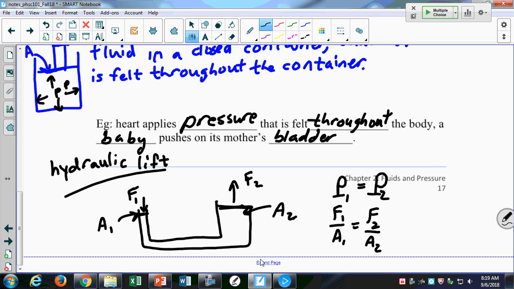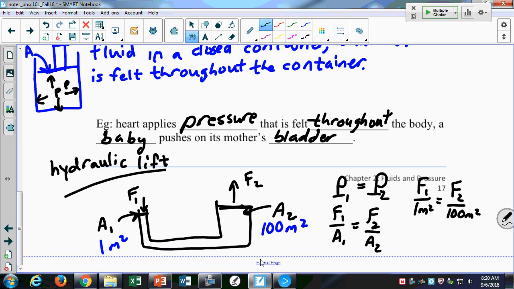Let's say that A1 is 1 square meter. That's a big piston, but the numbers work out easily. And let's say that A2 is 100 square meters. So I have F1 over 1 square meter is equal to F2 over 100 square meters.